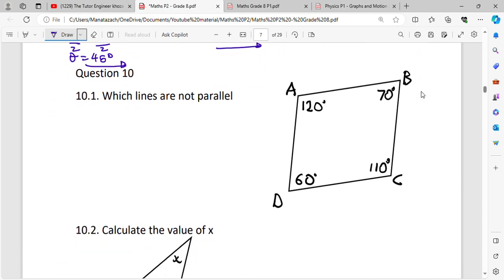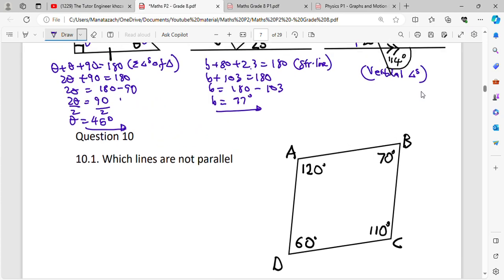Let's go over to question 10.1. The question says which lines are not parallel. So let's look at this figure. It's a four-sided figure. You can see that this angle and that angle sum up to 180 degrees.